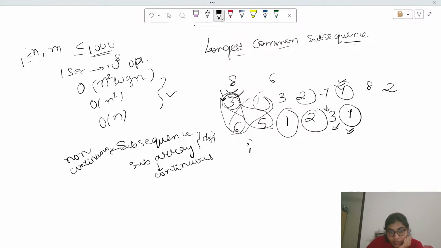Let's take i in array 1, the pointer, and j in array 2.